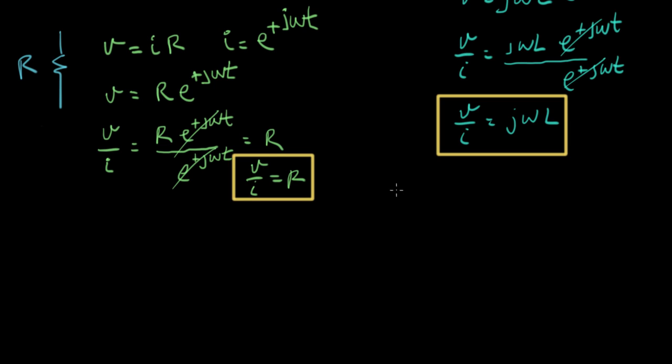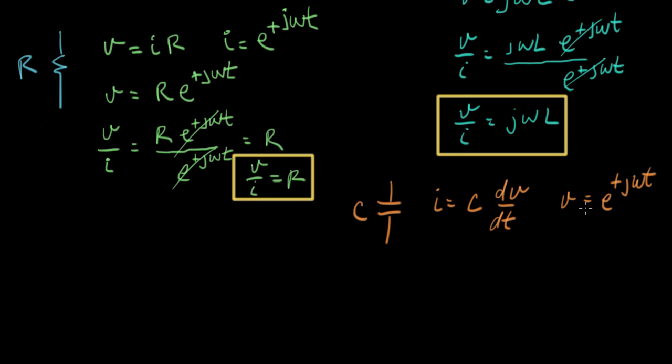Now we'll do the same thing for a capacitor. So here's a capacitor, and there's its capacitance value in farads. And for the capacitor, we know that I equals C times dV/dt. And this time, let V equal e to the plus j omega t.